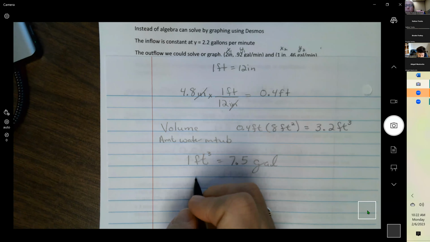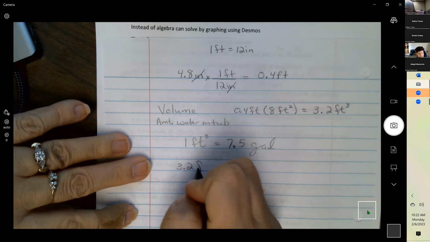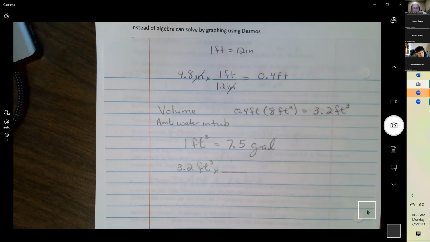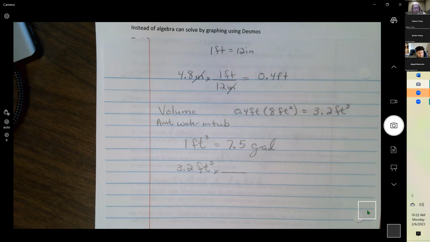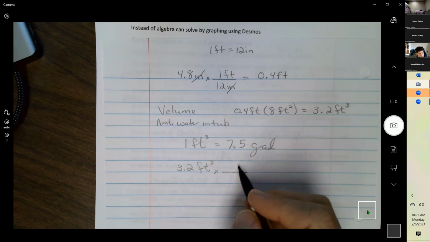If we start with your 3.2 and convert it to gallons, are we putting gallons on top or bottom?